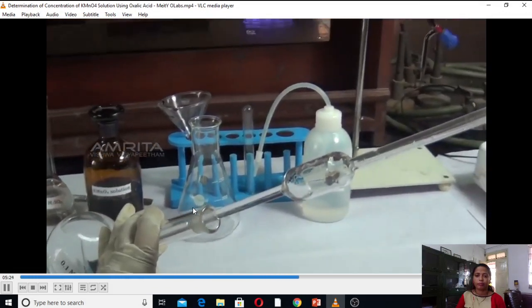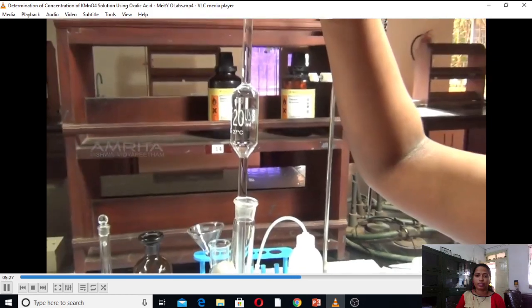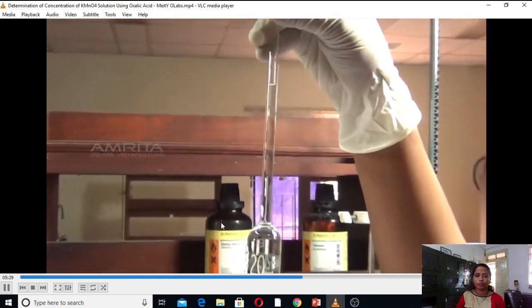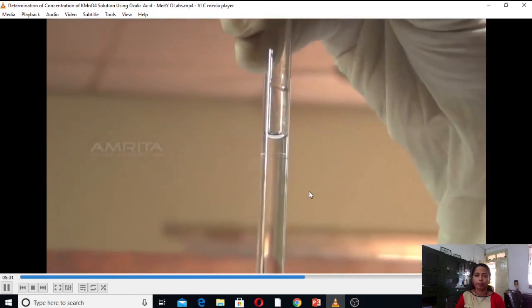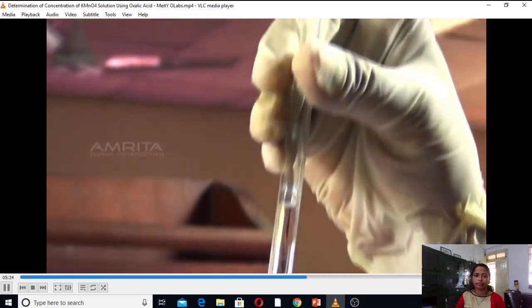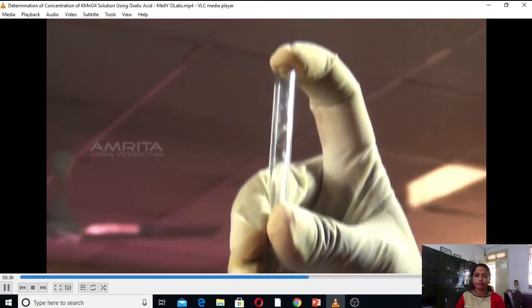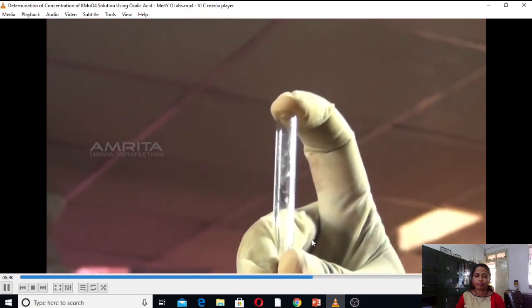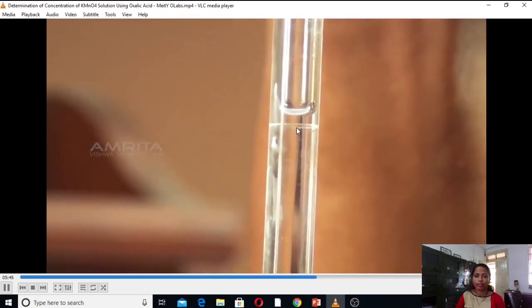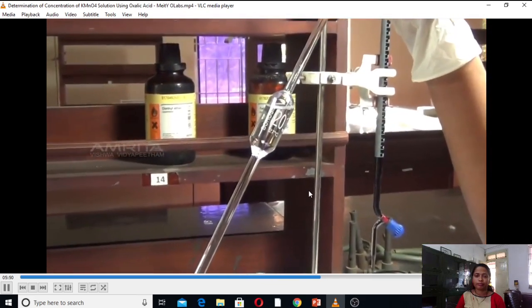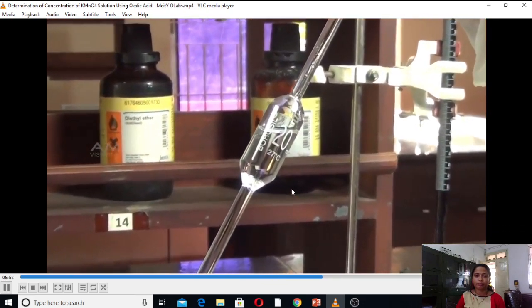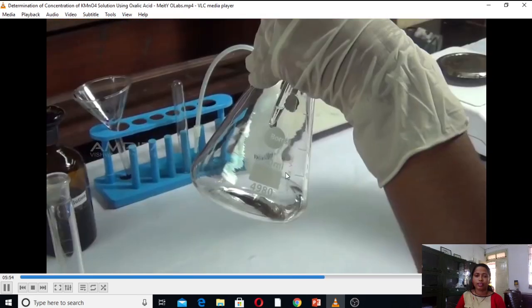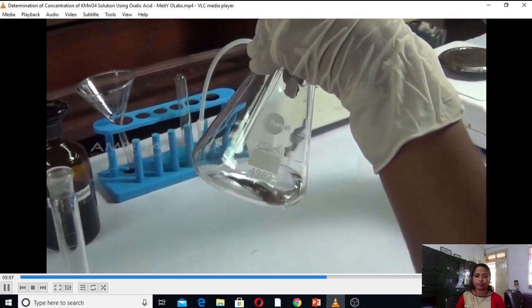Pipette the oxalic acid solution; we took 20 ml in the pipette. So up to the mark, we have to pipette here, and transfer to the conical flask.